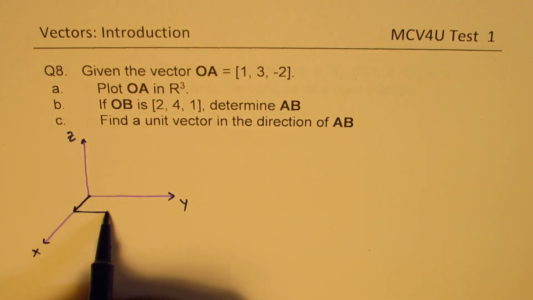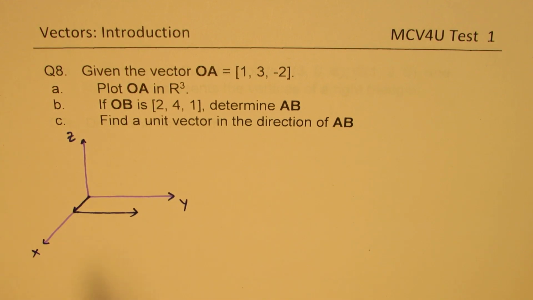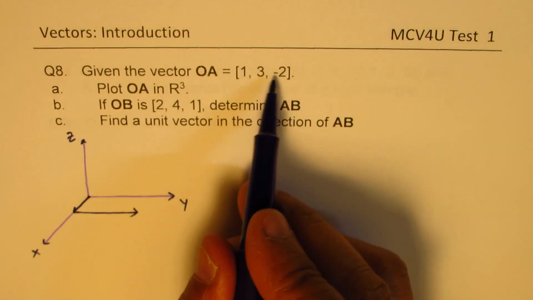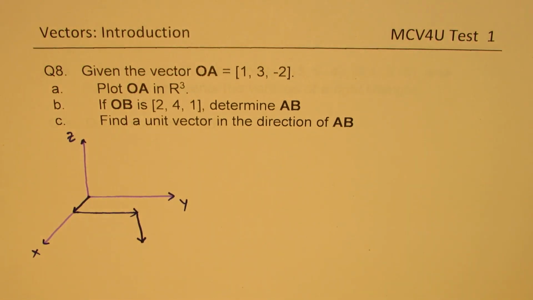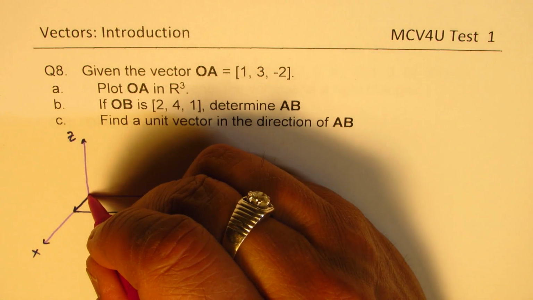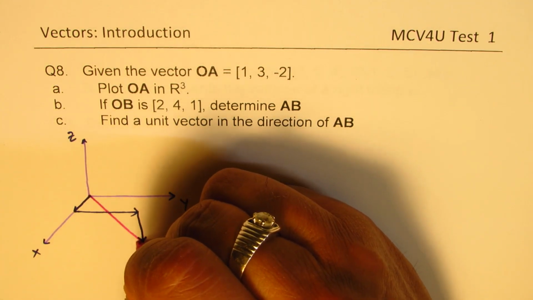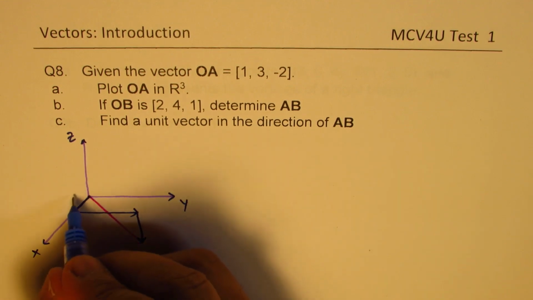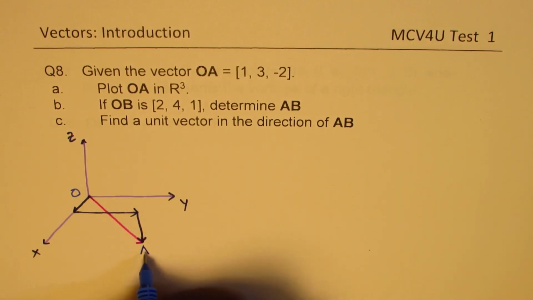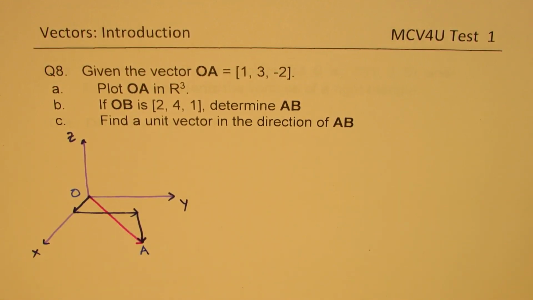So 1, 2, 3, right? And then minus 2 means go 2 units down. So that is the vector which will be shown like this. Is that clear? So that becomes our vector OA. So that's part A.